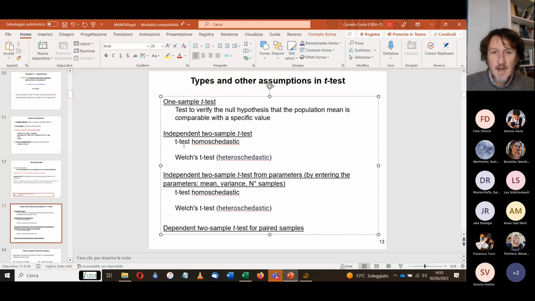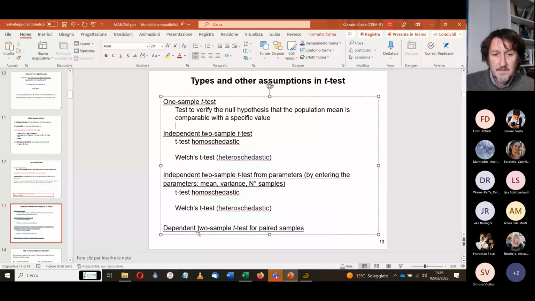So if the distributions are homoscedastic, we apply a homoscedastic t-test. If the distributions are heteroscedastic, we will see this within a few minutes, we will apply the Welch t-test. This is the second option. The third option is if I have only the parameters. So if I have only the mean, the standard deviation, and the number of samples, I can apply this third option.